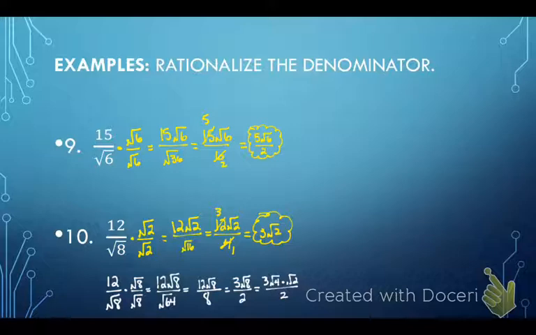Well, what's the square root of 4? 2. So what's 3 times 2? 6. So I'm going to have 6 times the square root of 2 over 2. 6 and 2 can reduce to where that's a 3 and this is a 1. And I'm right back to where I ended up earlier.